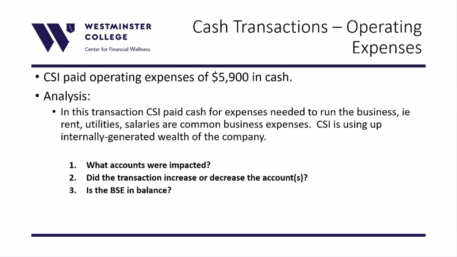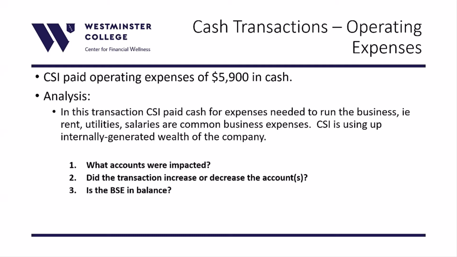These and other kinds of activities are necessary for business operations. Again, each company's specific expenses will be unique to that company, but some are pretty typical, like rent or salaries. But what's common is that paying these expenses will use up the wealth that the company generated. Okay, that's an important aspect to understand.